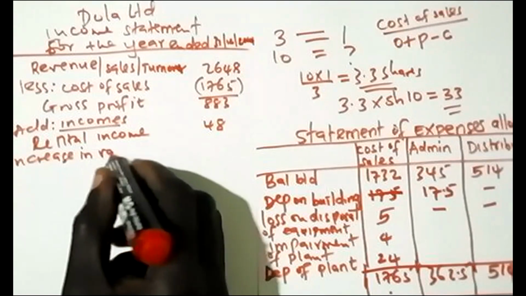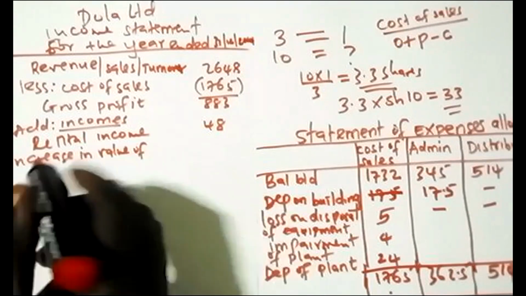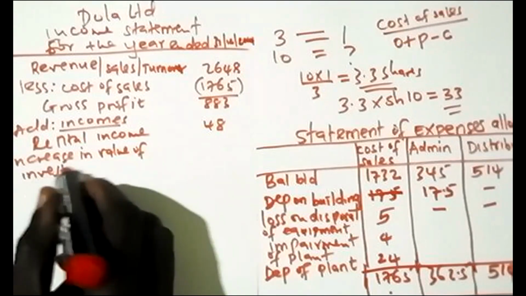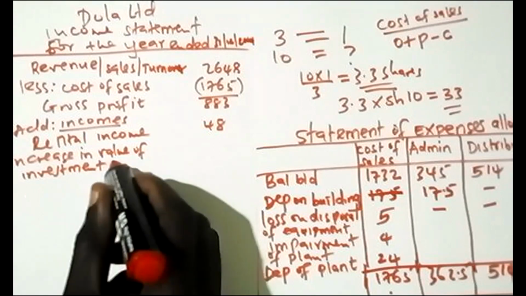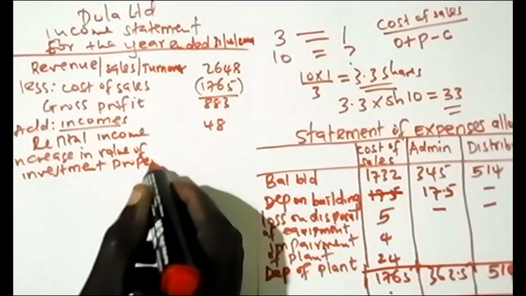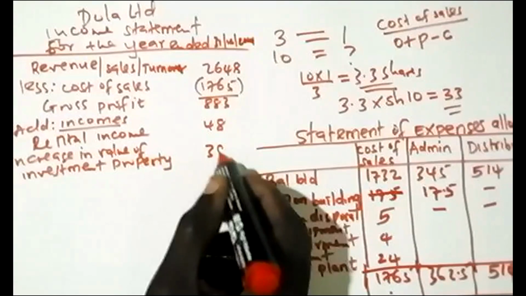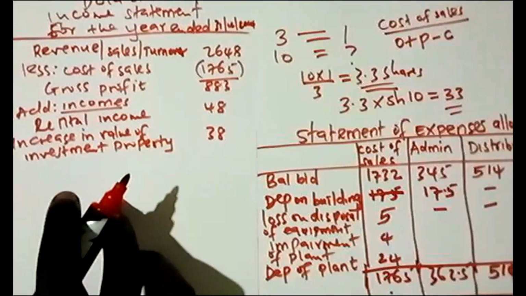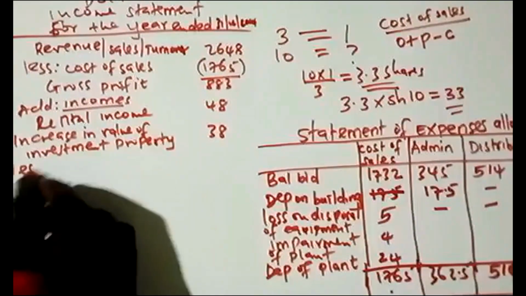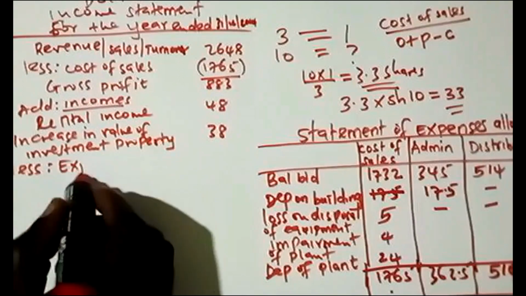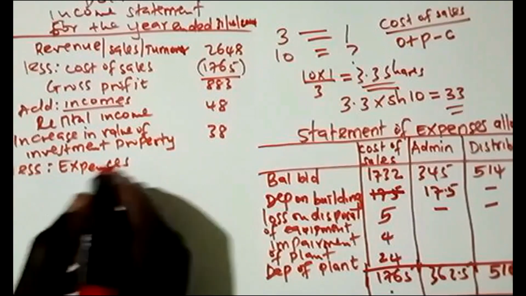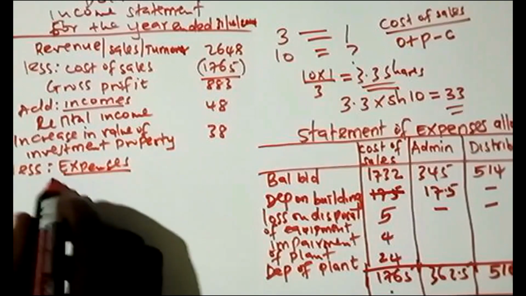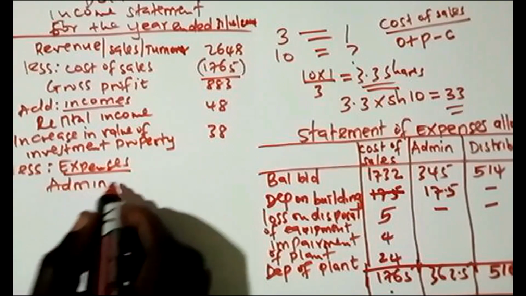Increase in value of investment property. So this one was 38. So those were the only two. Less expenses. So the expenses is all about the administrative.